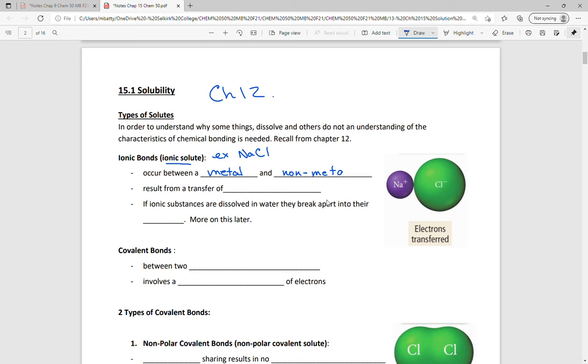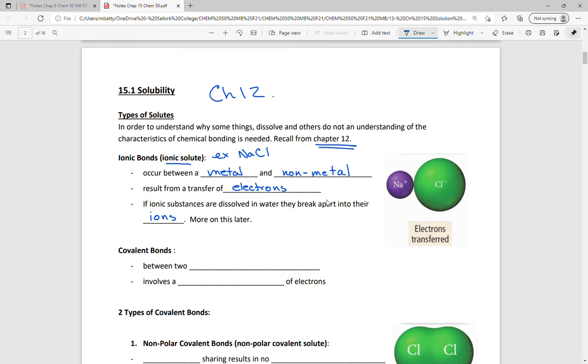If this feels like review, that's great because you've totally done this before. It results from a transfer of electrons. Usually the metal will give up electrons and the non-metal will gain the electrons, one becoming a cation, one becoming an anion. If the ionic substance is dissolved in water, they typically can break apart into their ions. And more on this later. We have already talked about that too.